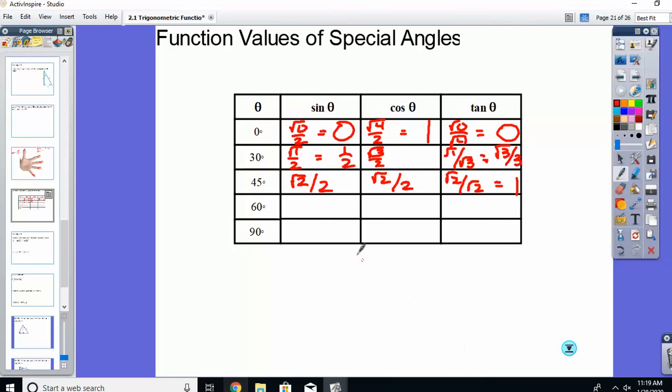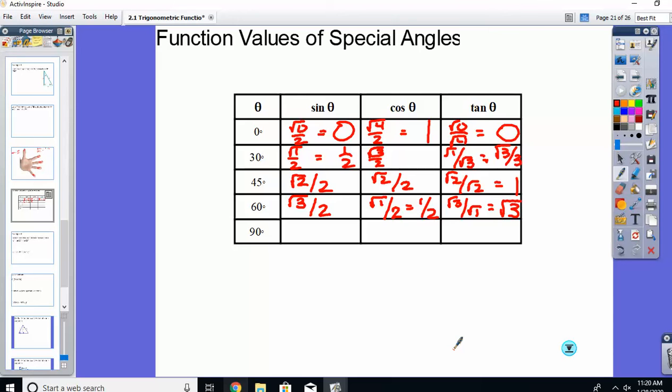60. So sine is the top. So that would be radical 3 over 2. Cosine is the bottom, so that's radical 1 over 2, which is 1/2. Tangent, radical 3 over radical 1 is radical 3. Okay. 90.